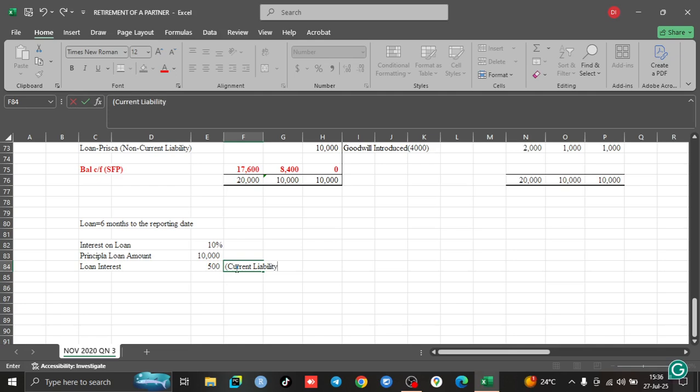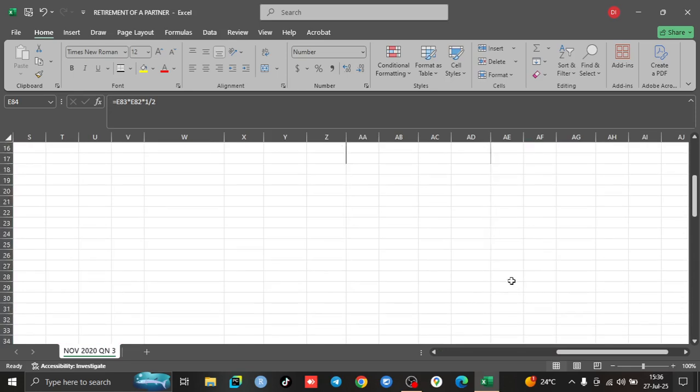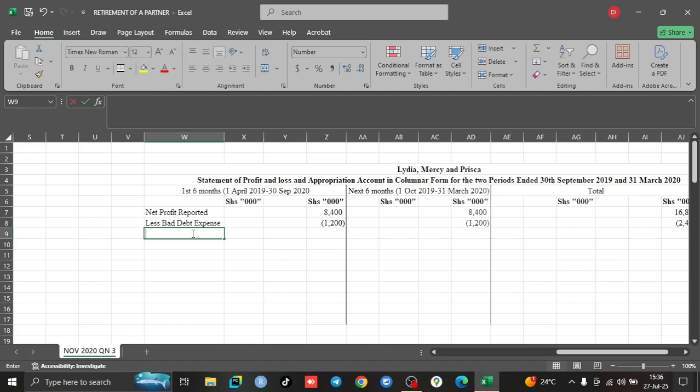Reason being, it's an accrual because we always pay interest at the end of the year. But now the 500 will be recorded for only 6 months as an expense. Remember, we still had our profit and loss account here. So less interest on loan. So there is no interest on loan for the first 6 months because Priska still was in the partnership.